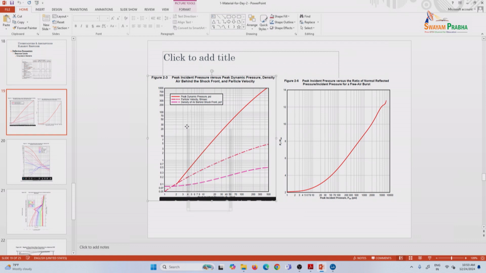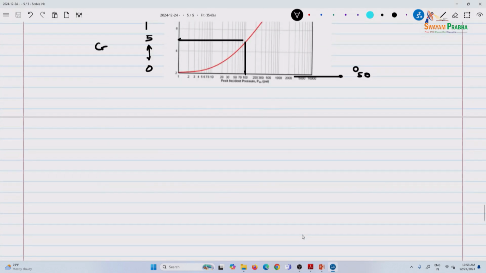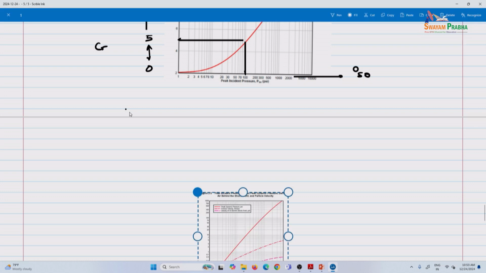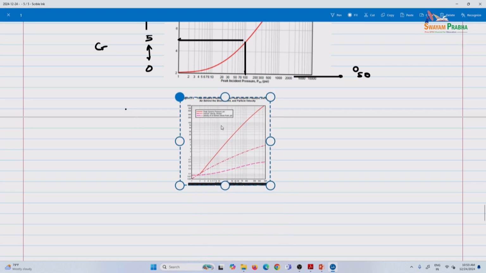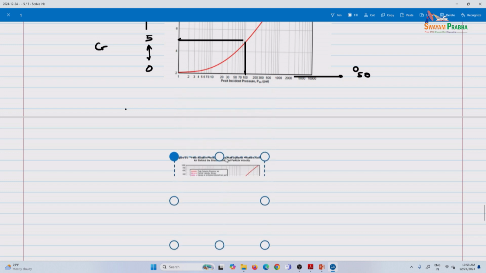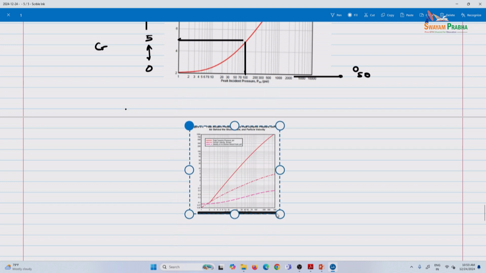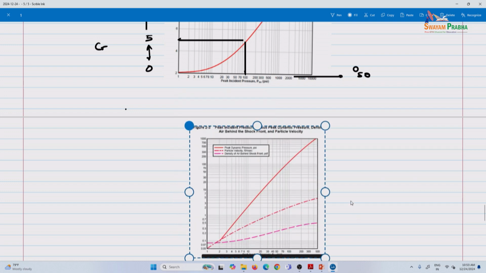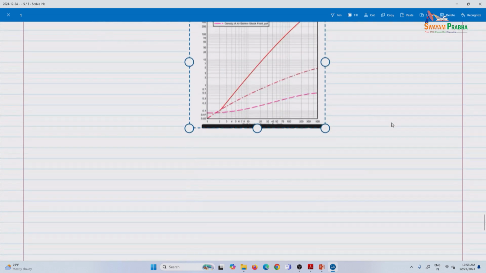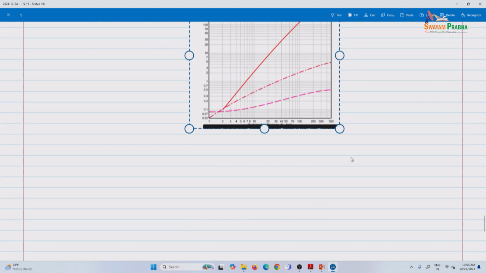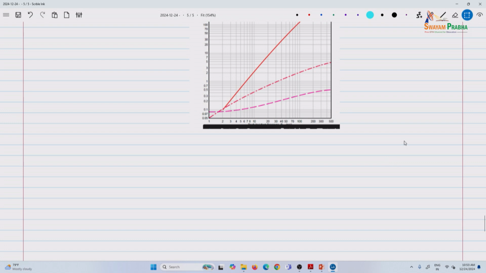And the other thing that we talked about yesterday is the wind pressures.